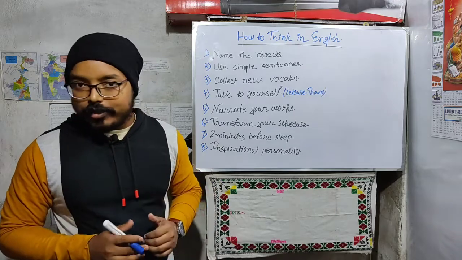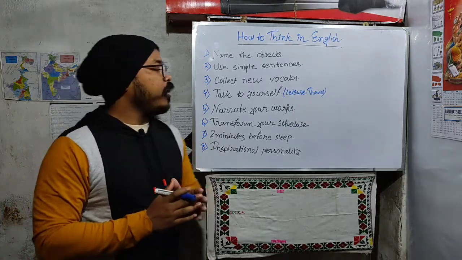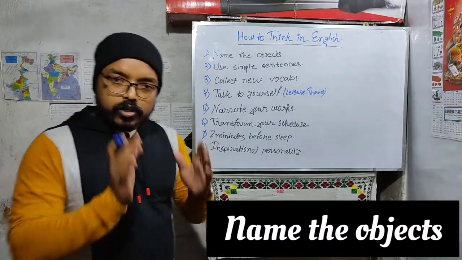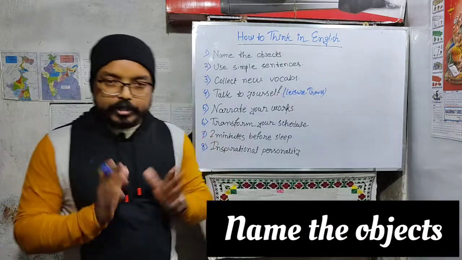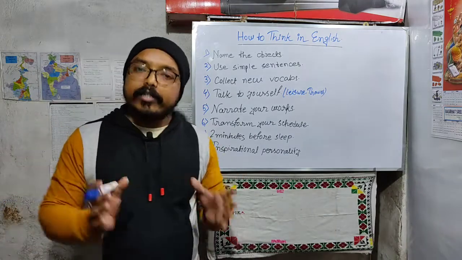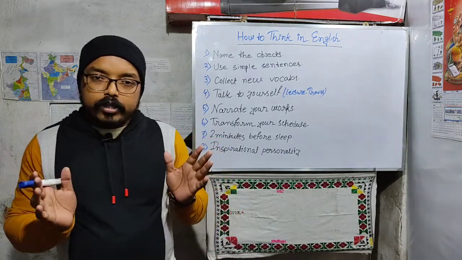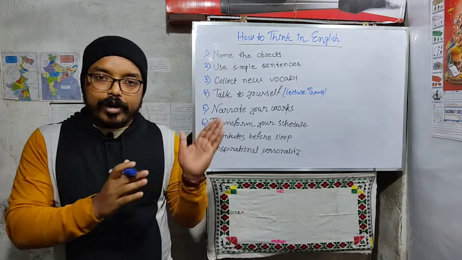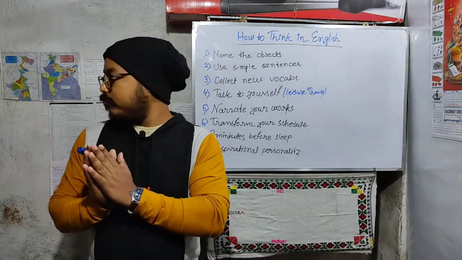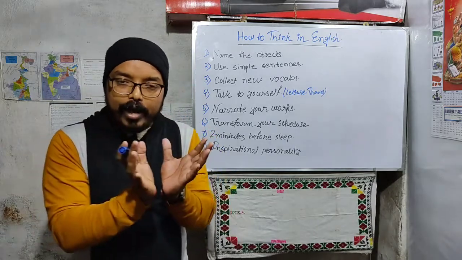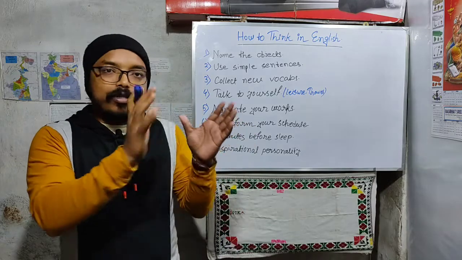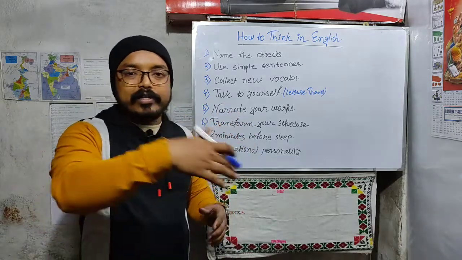Okay, let's get started. Look, the first tip that we have is the name of the objects. So what is the name of the object? Let me give you some examples. Whenever you are sitting in a room, and if you just turn your head from right to left, just like that, we will have a comprehensive idea about the room, that there are some things just placed here and there.